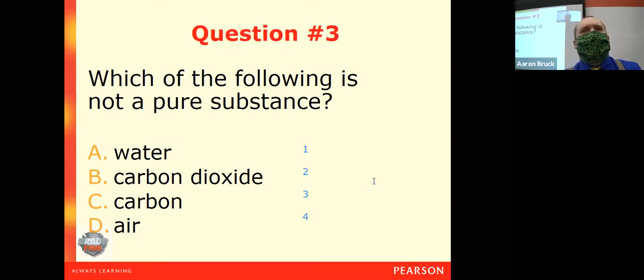All right, so somebody tell me what a pure substance is. What is the qualification for something being a pure substance? What does it have to have? Uniform composition. A uniform composition, what does that mean? Like it has the same exact type of molecules in it. Okay, correct. It has to have a uniform makeup. I look at every single molecule in the sample, and all of those molecules look the same. What's the chemical formula for water? H2O.